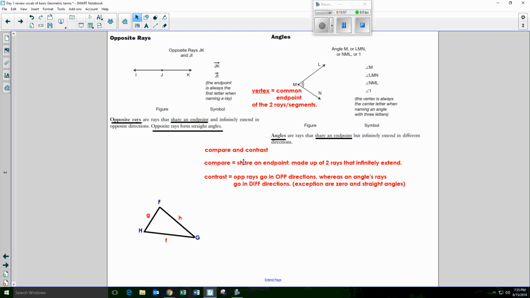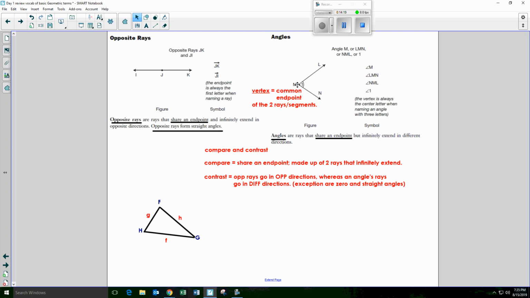All right, so we talk about what's in common. They share a common endpoint. There's an infinite amount of points on them. Okay, and since they're rays, they extend infinitely long. What is different? Opposite rays go in directly opposite directions, whereas for the angles here, they go in different directions.